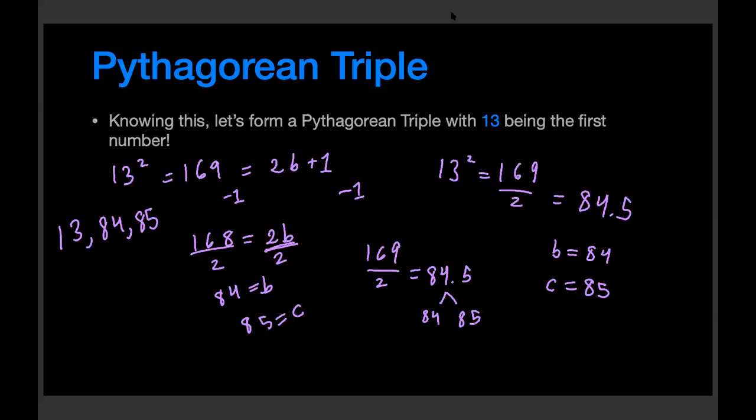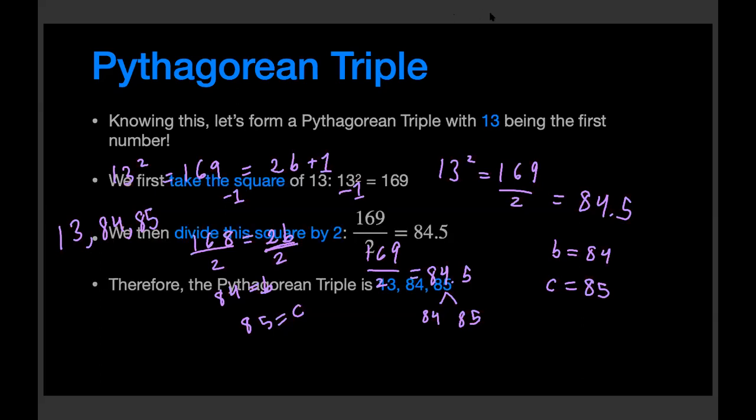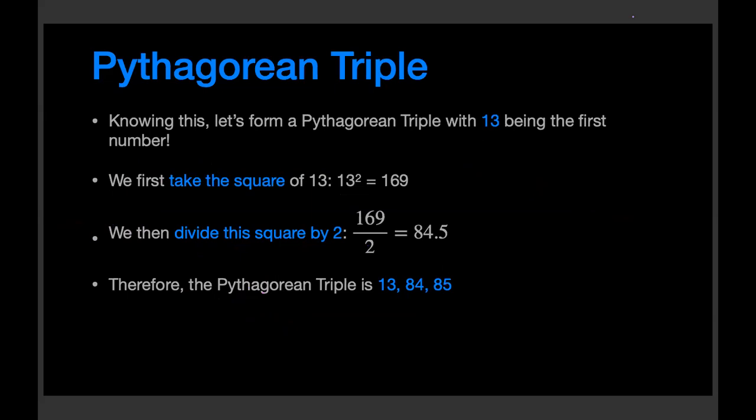We started with 13 being the first number, and we square it, divide by 2, and then this is the method when it was 84 and 85. Same as Naomi, kind of, it was just adding or subtracting 0.5, but I like Ryan's method a lot because it was so different and very interesting. So very glad we got this.